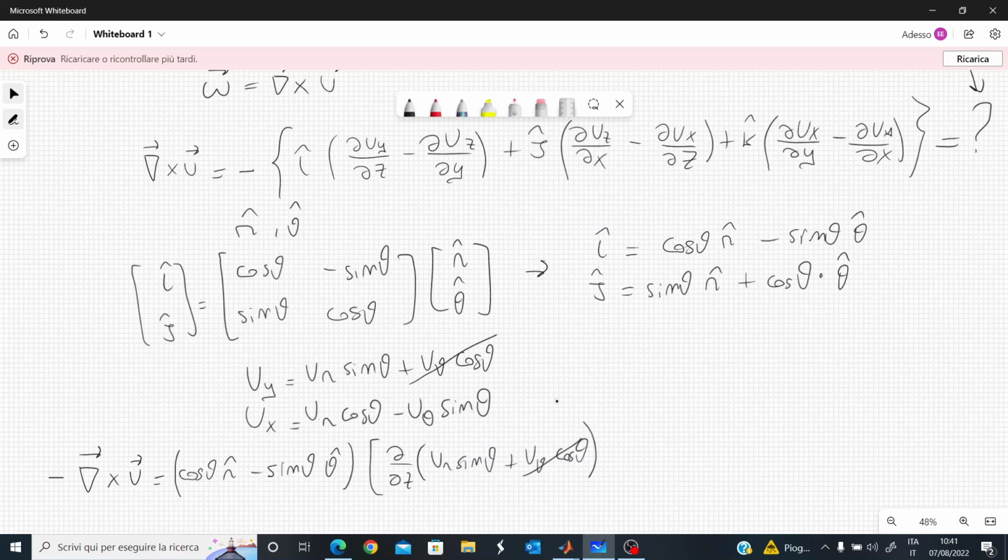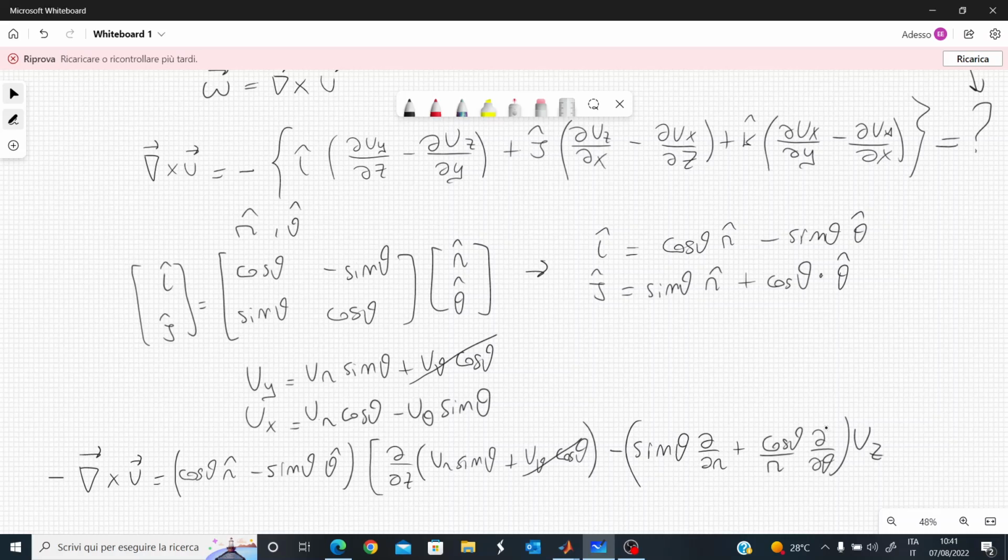And then I have minus sine theta d over dr plus cosine theta over r d over d theta, which was this derivative here, d over dy is this one, and then I will apply it to u_z, right? u_z remains u_z, it's the same.